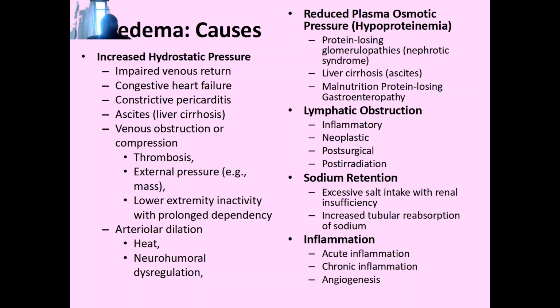Another one is inflammation, like in acute inflammation. You know that edema is a cardinal sign of inflammation, and also in chronic inflammation, and also sometimes in angiogenesis. Angiogenesis is the development of new blood vessels, a process of inflammation, which can result in edema because there are a lot of cells and blood vessels that are active there.